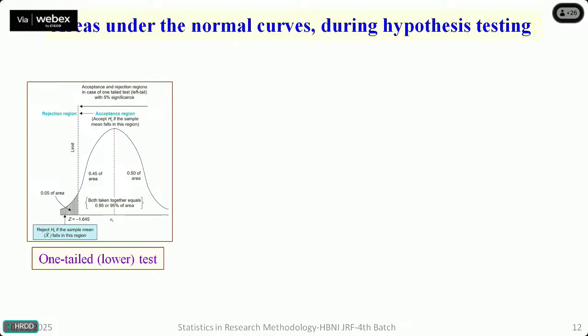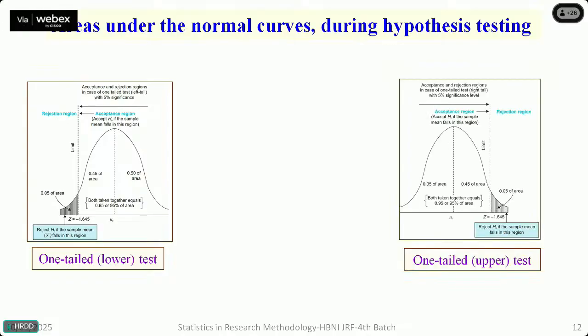The shaded region will be the rejection region, which aligns with the alternative hypothesis. Similarly, if you have an upper tail, the same explanation holds. Here one mistake is there in the figure. It is written as z equal to minus 1.645. It should be plus 1.645 on the right side figure.